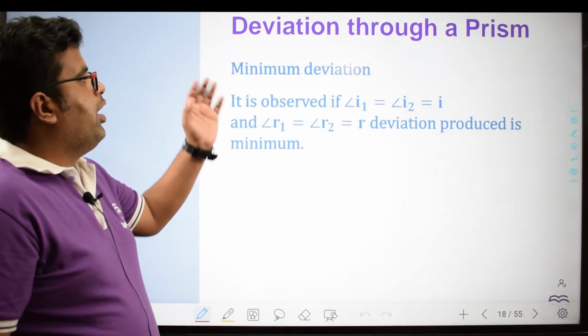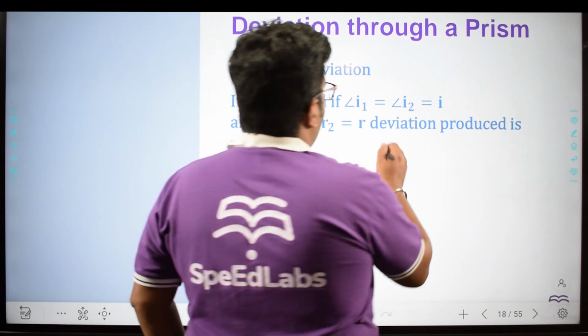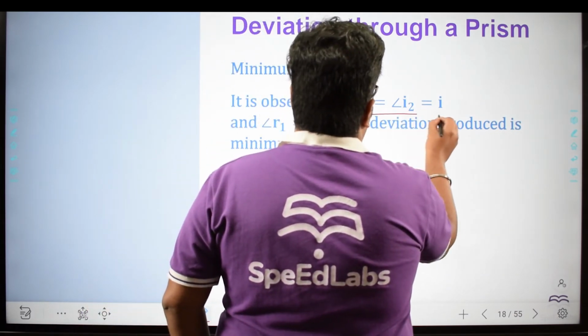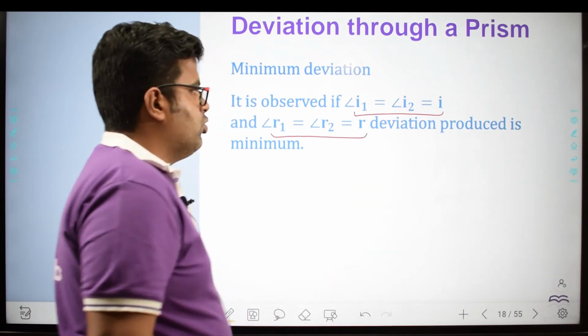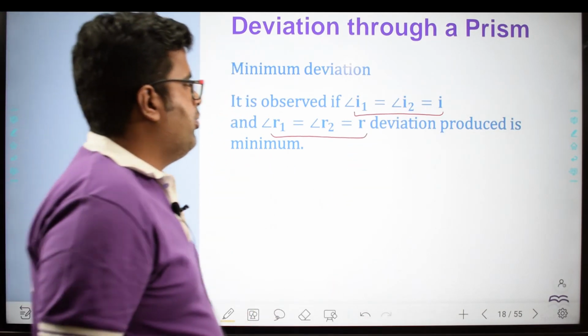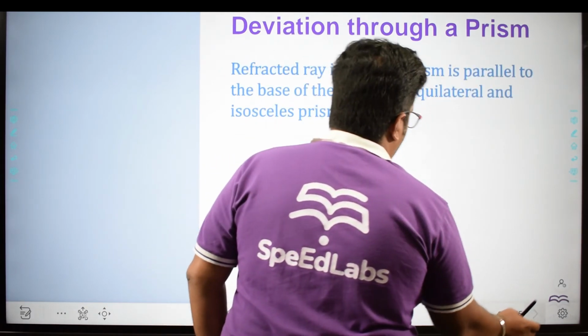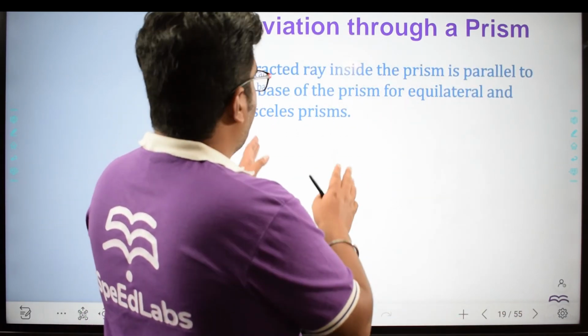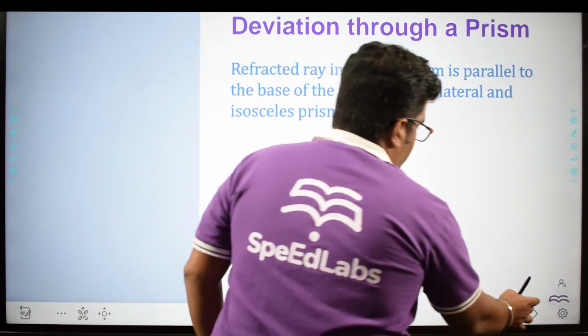So we have another important condition, that is for minimum deviation, and it is observed that minimum deviation occurs only when I1 equals I2 equals I and R1 equals R2 equals R. Then we get the minimum deviation. Here the refracted ray inside the prism is going to be parallel to the base of the prism.